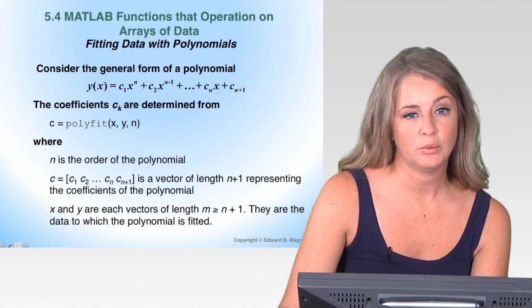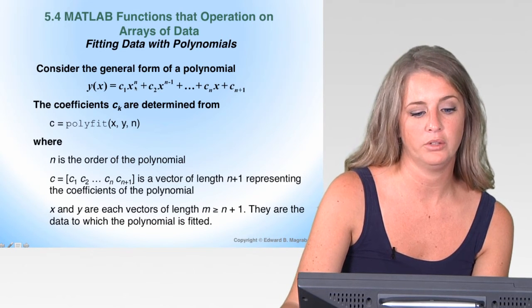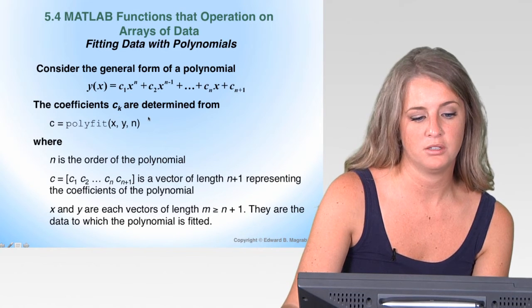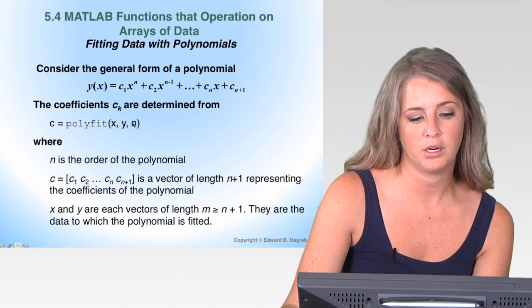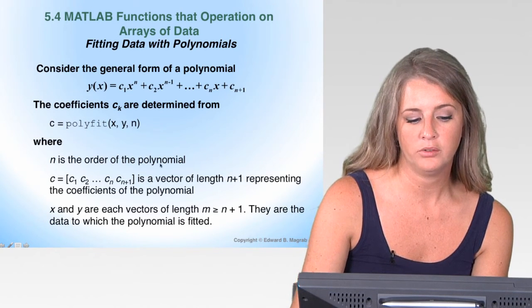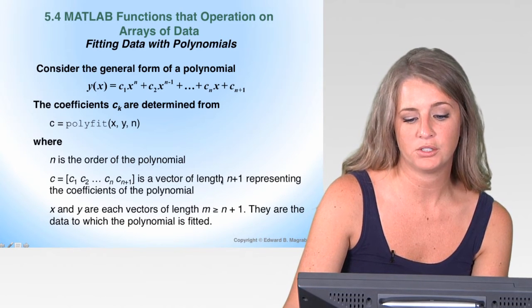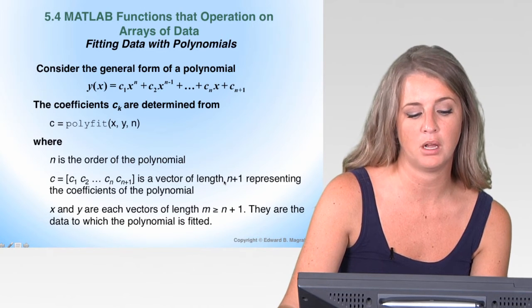So, fitting data with polynomials. Let's consider the general form of the polynomial here. The coefficients c_k are determined from this polyfit function here. So our input arguments are x, y, and n, where n is the order of the polynomial. c, so c1, c2, and so on, is equal to a vector of length n plus 1 representing the coefficients of the polynomial.